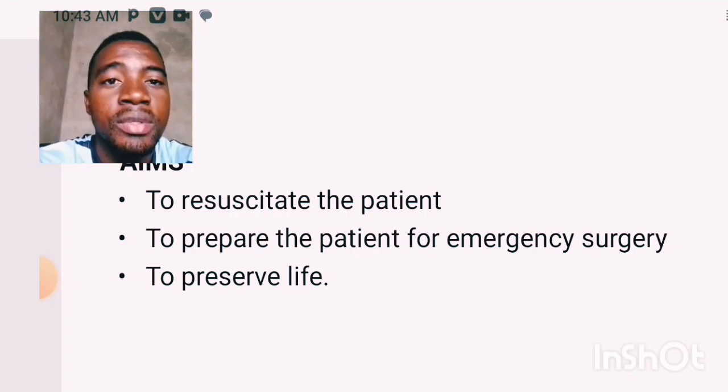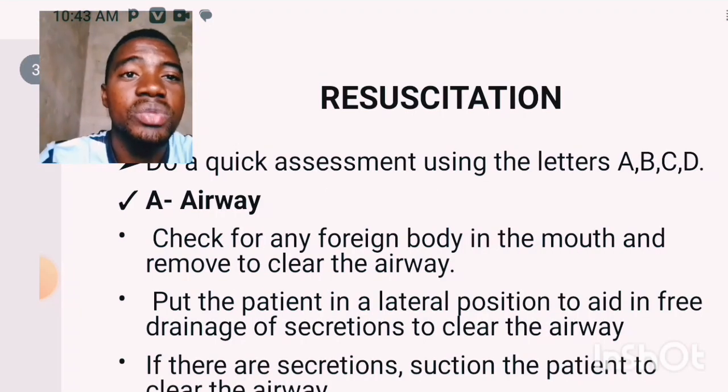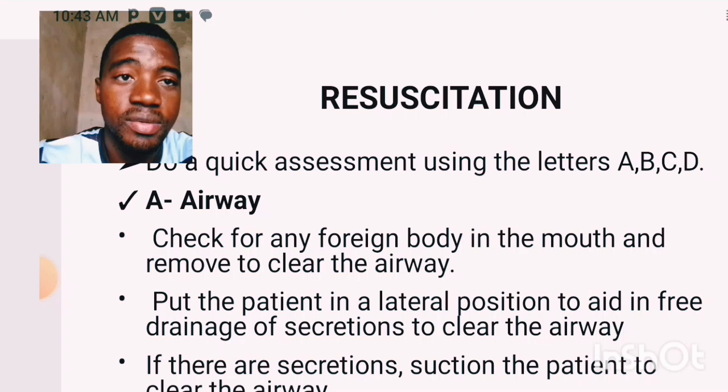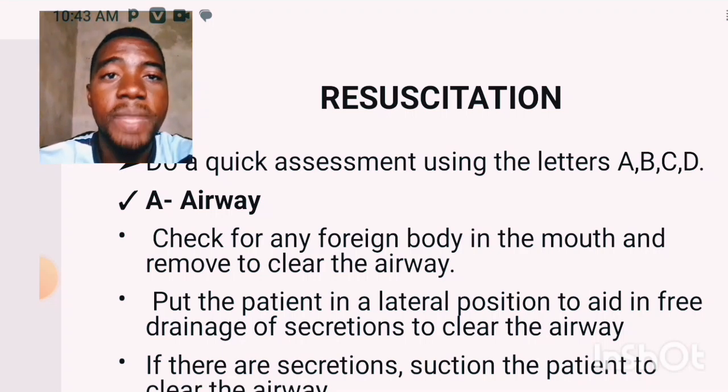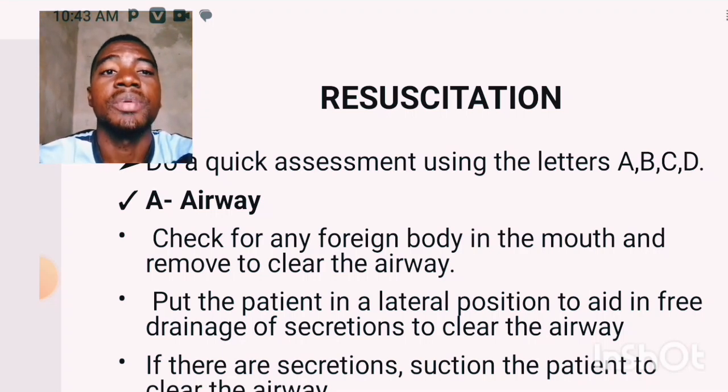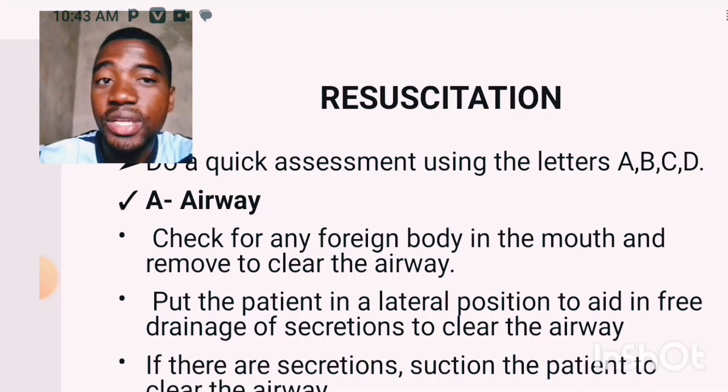On the second heading, we are going to write resuscitation. Beneath you write, I will do a quick assessment using the letters A, B, C, D. Then you start A, dash airway.